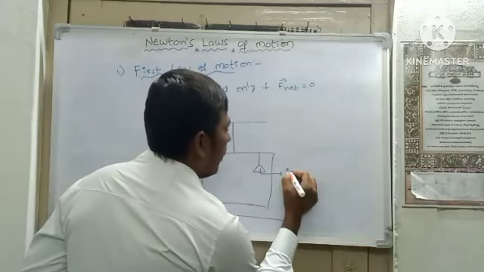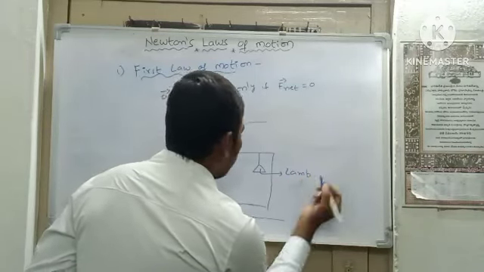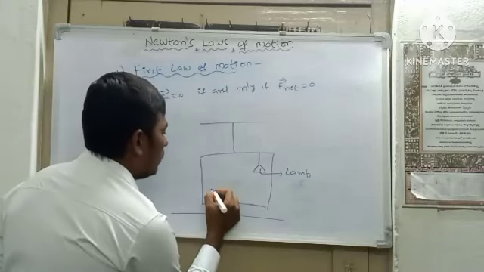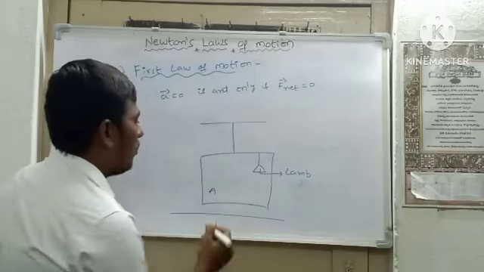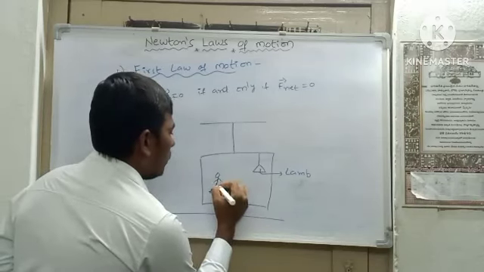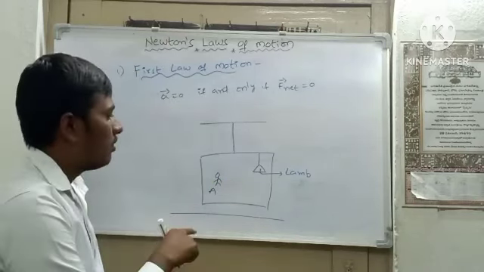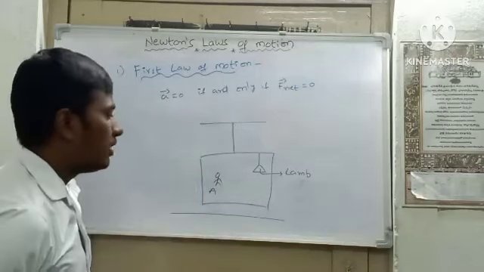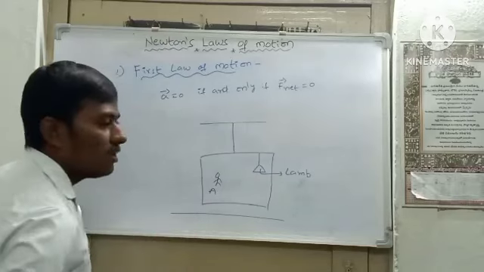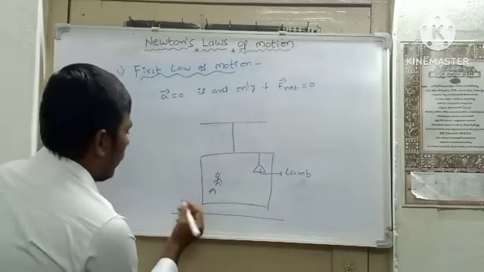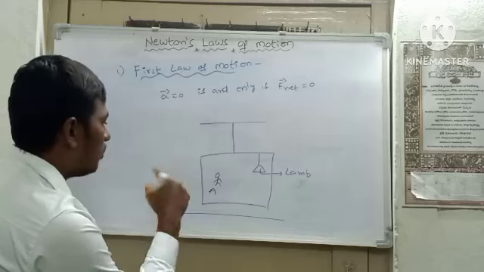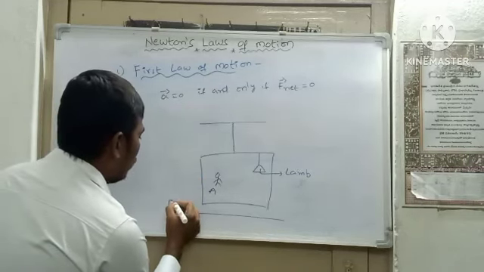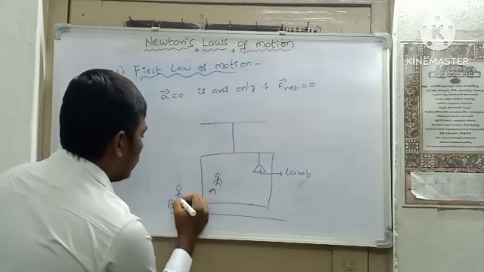This is the lamp. A person is in the cabin at point A, that is, with respect to the cabin, and another person observes the cabin from outside, that is, with respect to earth.